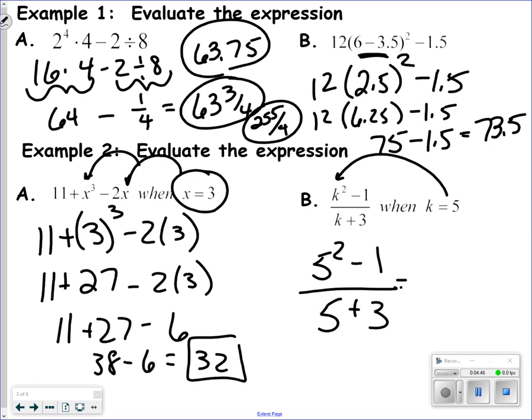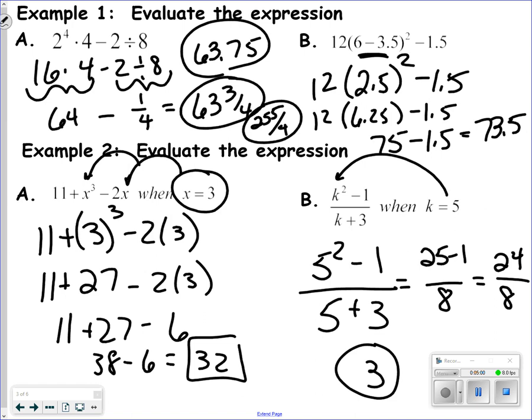Let's say I just did the top. 5 squared is 25, and 25 minus 1 is 24. The next one, 5 plus 3 is 8. And so then in the end, I would take 24 divided by 8. So if you have a large fraction bar in which there's stuff on the top and stuff on the bottom, treat them as two separate problems.